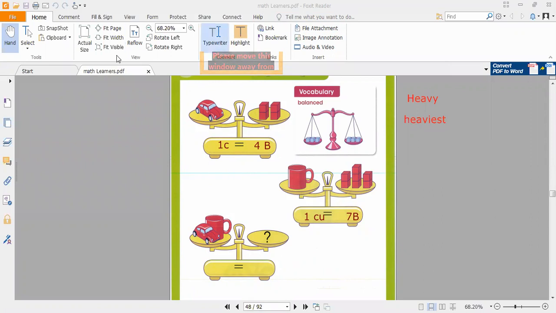First of all, right here, what do we have? We have one car and one cup.